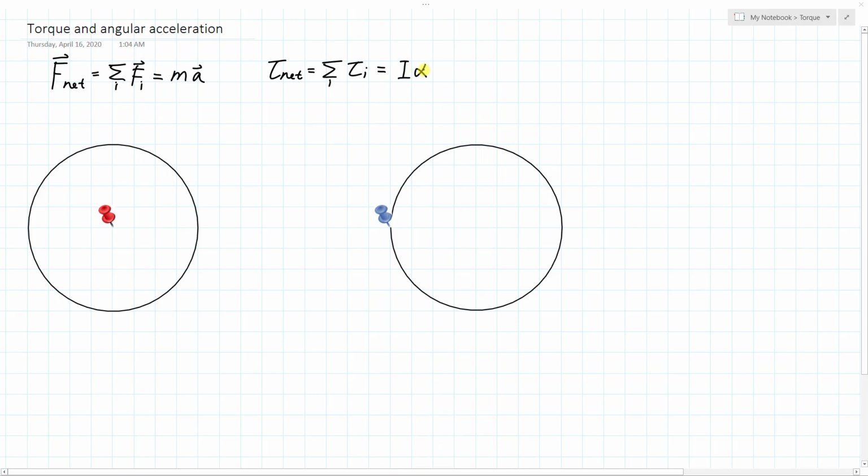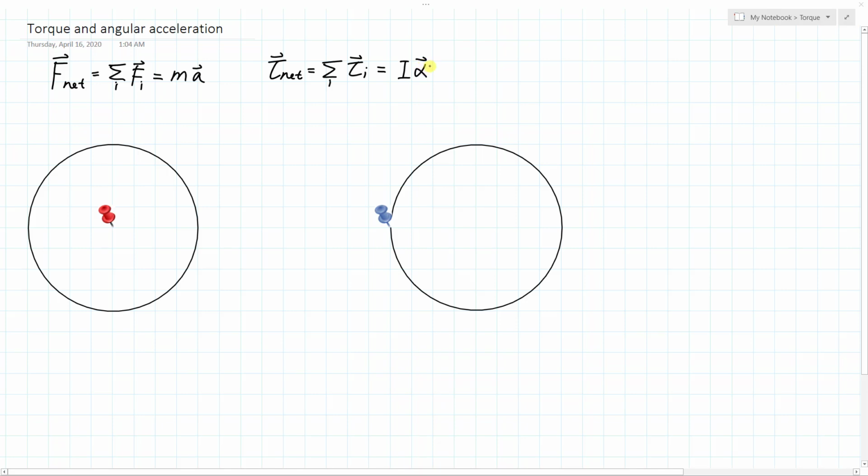We can still put the vector signs on the torques and the angular acceleration, but at the introductory level, all of these are along either the same direction or opposite direction because we're only discussing rotation around a single axis. That's equivalent to translation along a single coordinate axis, such as one-dimensional motion. So it's not necessary to put the vector signs on, but it's nice to know that they're actually vectors.